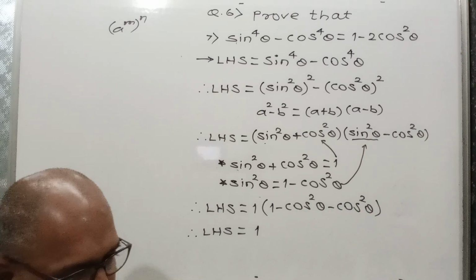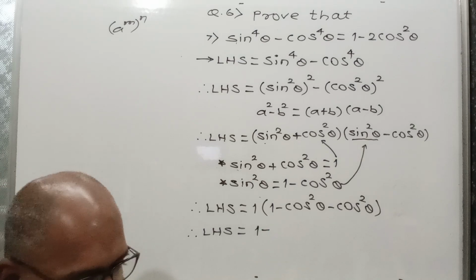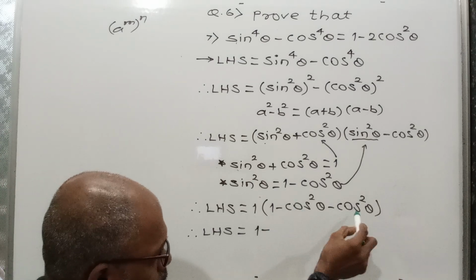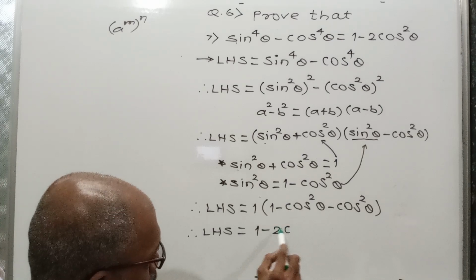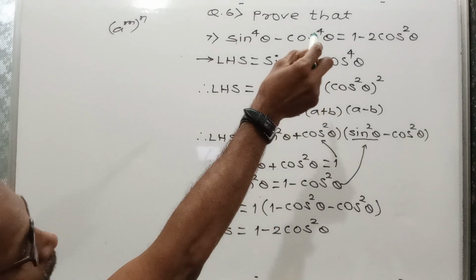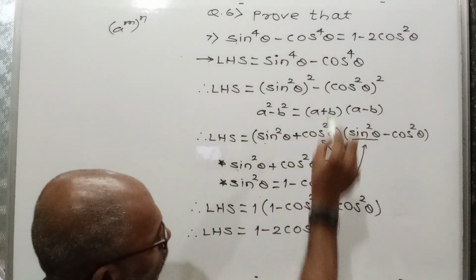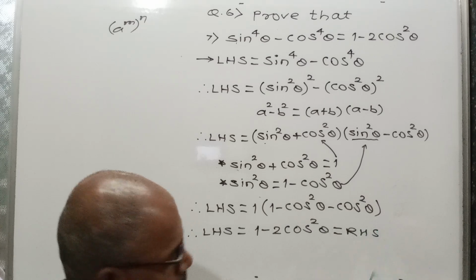Like terms with both signs the same, we put that sign and add the two, which means 2cos²θ. So we get 1 − 2cos²θ. This is our RHS.